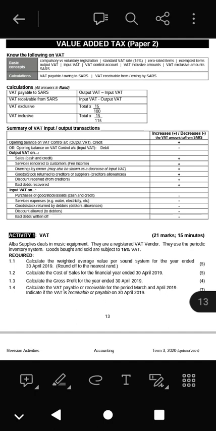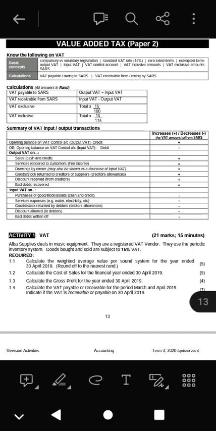The VAT control account is a summary account where we record the total VAT input and also the total VAT output. In this control account, which is usually a calculation that you use when answering most questions in your examination, on the debit side you record your input VAT, and on the credit side you record your output VAT.